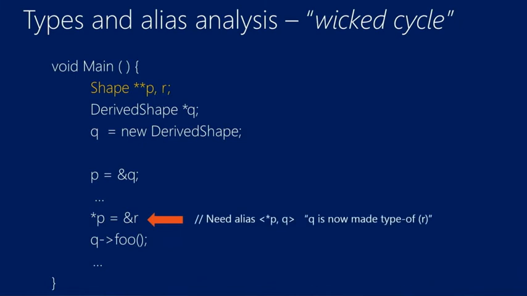So if you're doing type propagation and you're worried about alias analysis, it forms a Mobius strip. Because we really need to know what things point to and what that thing is going to be calling.